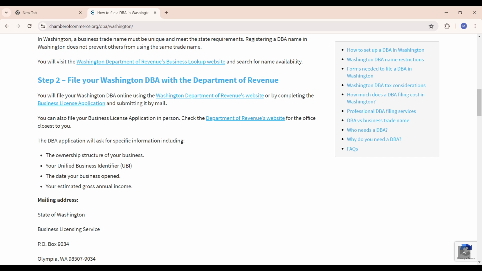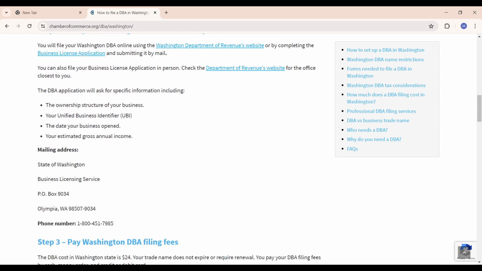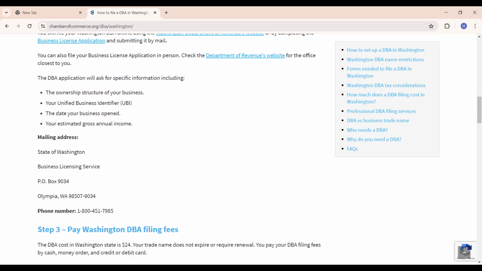The next thing is your unified business identifier, that's your UBI, the date your business opened, and your estimated gross annual income. All right, so you can message them via mail through the state of Washington Business Licensing Service, PO Box 9034, Olympia, WA 98507-9034.